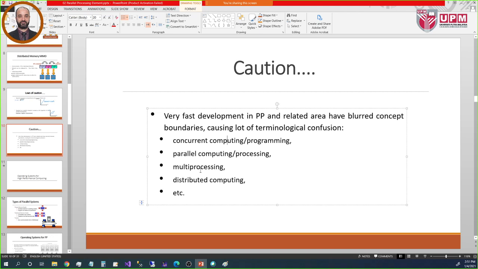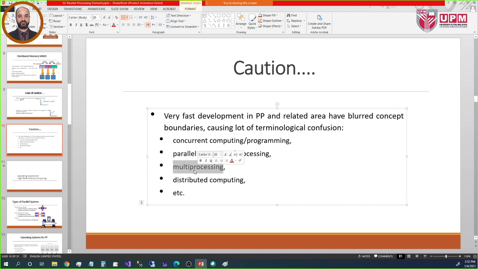But multiprocessing is a little bit different, because multiprocessing is talking about the architecture itself. So maybe we have a multiprocessing machine, but we run only a single process on it.